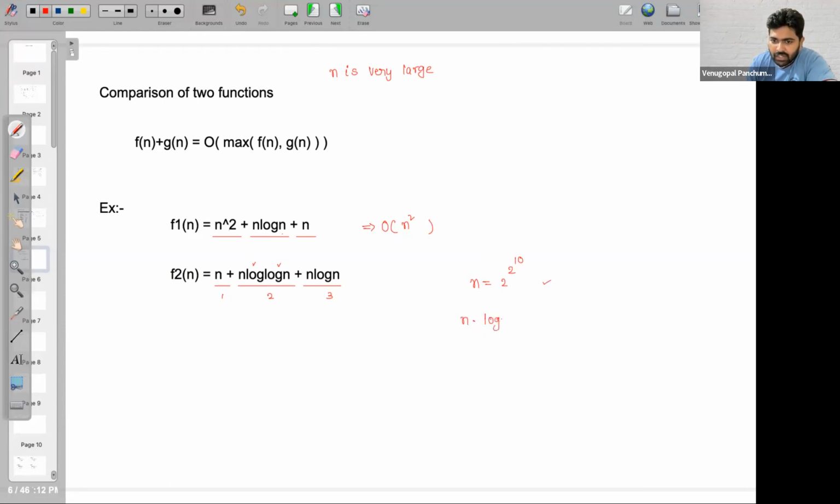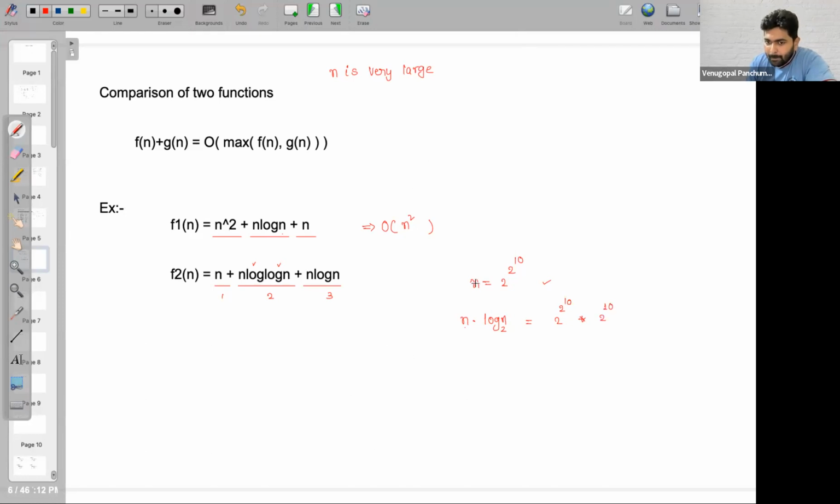Assume base 2 everywhere; that's why I have taken powers of 2, so the calculation becomes simple. n is already 2 power 10, into log of 2 power 10, which is 10.